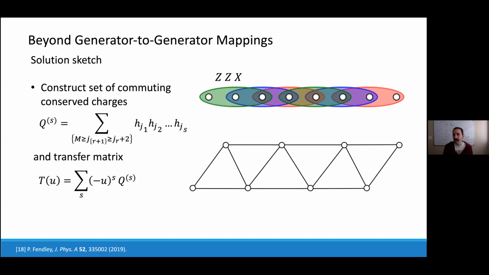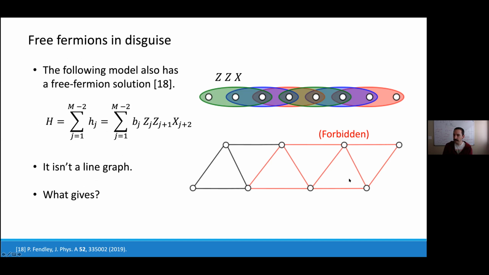And the point is that the theorem that I gave characterizes generator to generator mappings. So the fact that there's this forbidden subgraph here means that there's no mapping that takes the term ZZX for each site and maps that specific term to a fermion operator itself, okay?